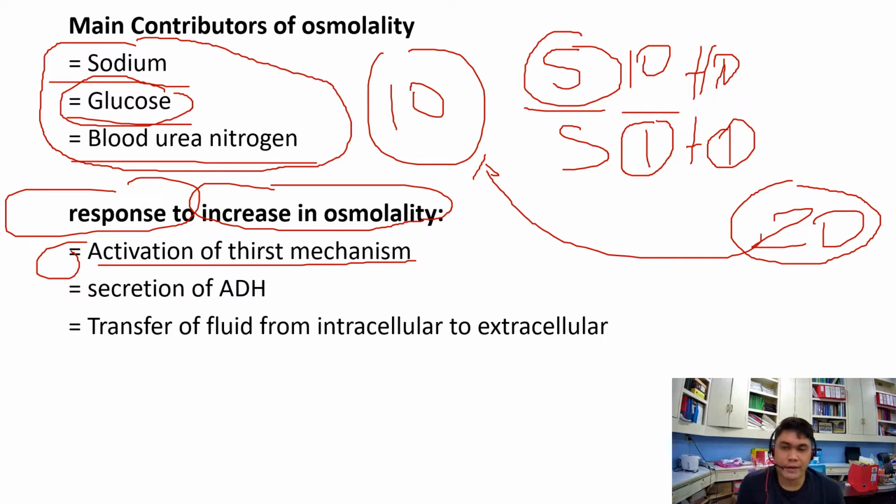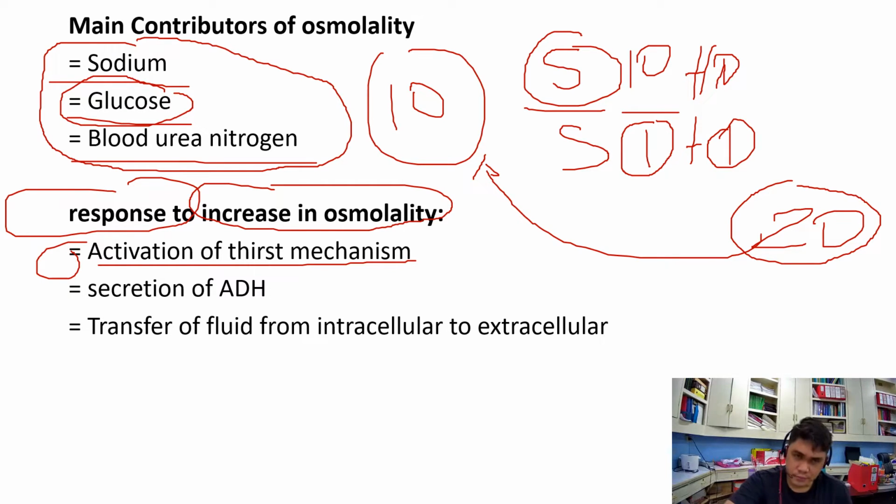So if you have a damaged hypothalamus, there's a possibility that you'll have an altered thirst mechanism. And that's the main cause of hypernatremia, or increased sodium concentration.